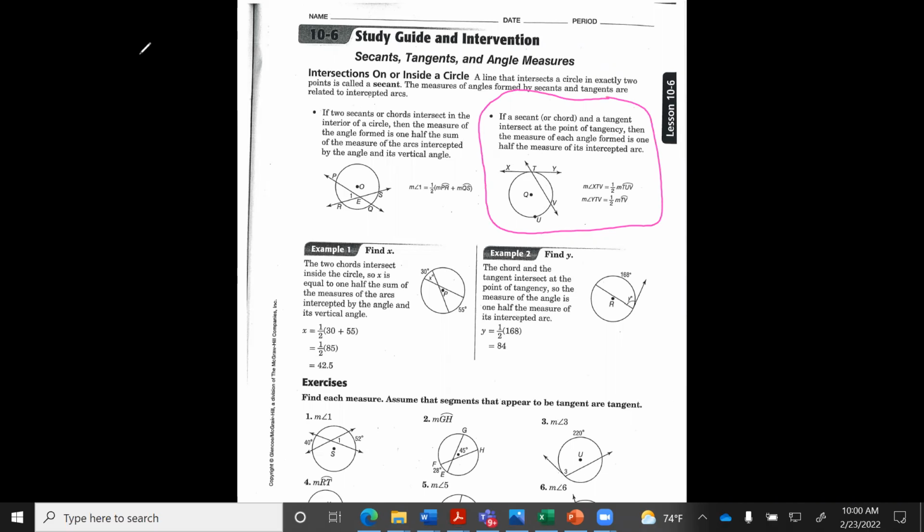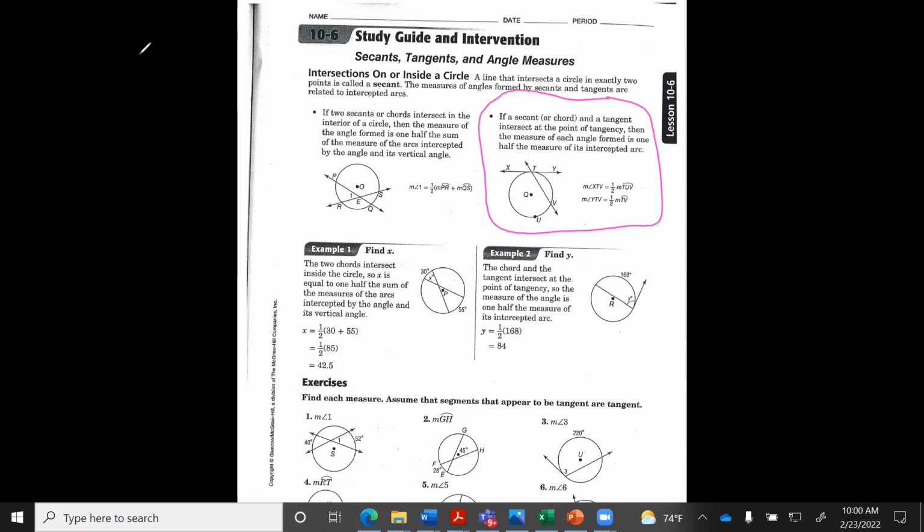We talked about inscribed angles a couple sections ago. Remember, the inscribed angle is equal to half the intercepted arc. Same thing here. So we have these lines, they're intersecting on the circle. And since the intersection is on the circle, the angles are half of their intercepted arcs.